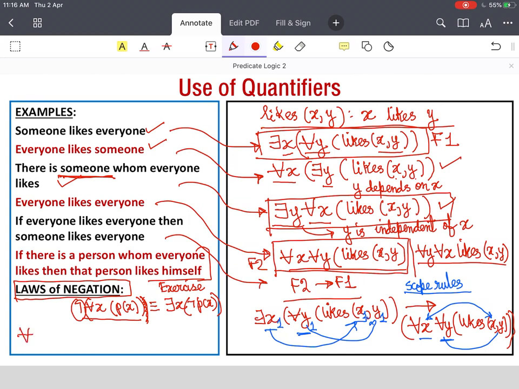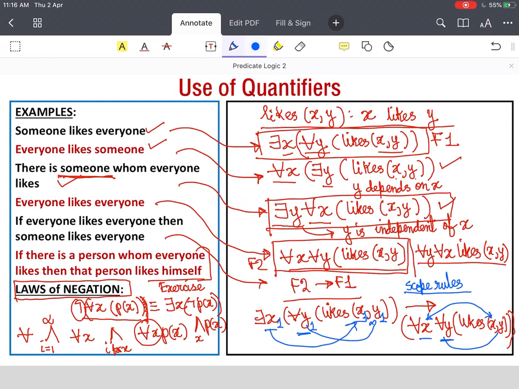How is this happening? Actually, the for all quantifier is the same as an AND operator over all the elements which exist. That means for all x, p(x) is the same as this being replaced by AND of p(x) for every x.